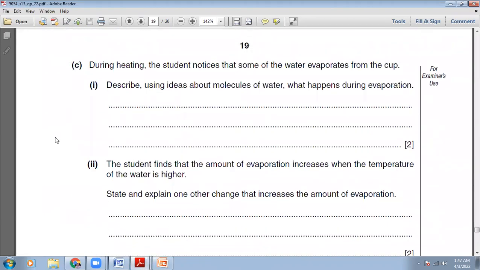During heating, the student notices something about molecules of water. What happens during evaporation? You see, during the evaporation, the molecules of the water which have higher kinetic energy come to the surface of the water, and they break the intermolecular bonds and they escape from the surface into the air.